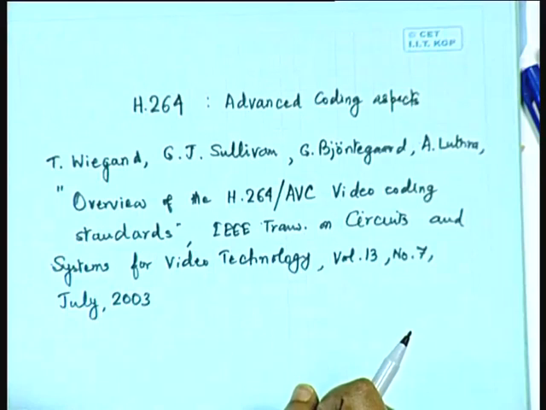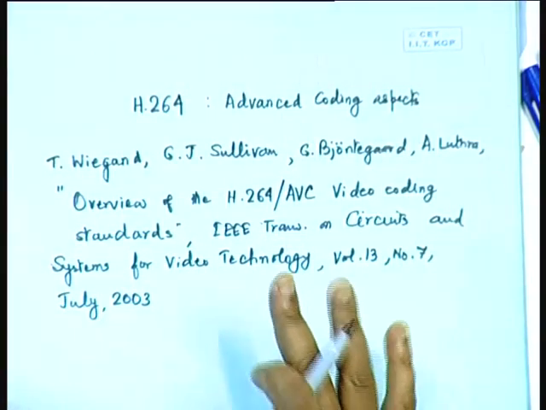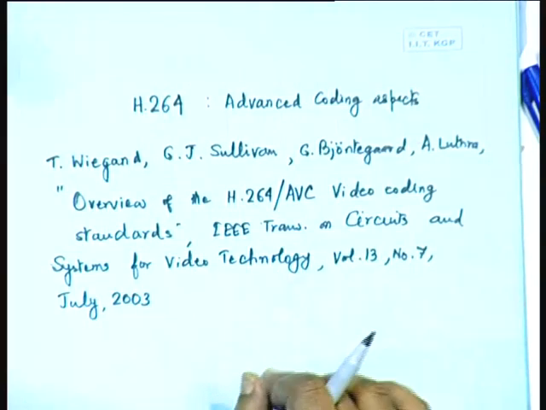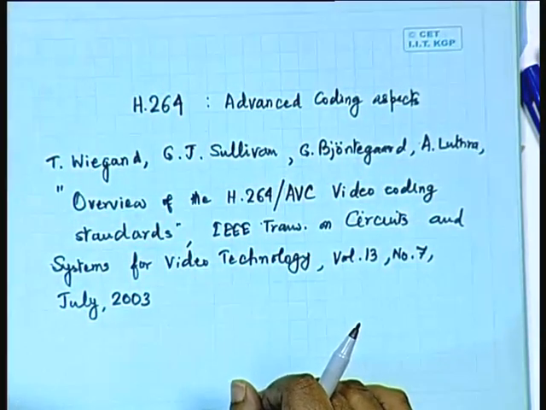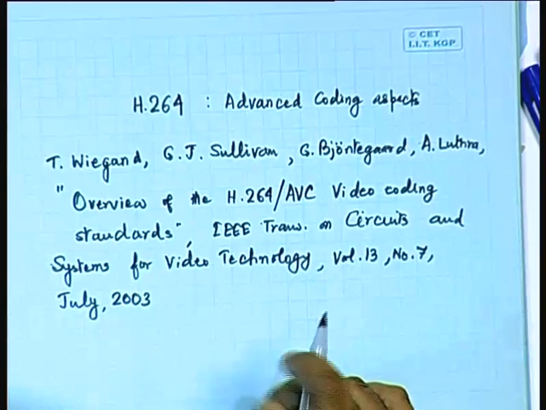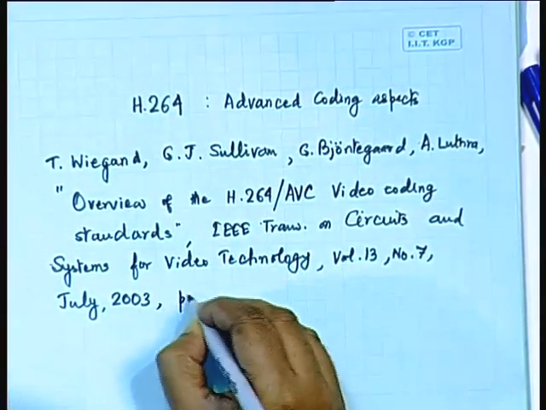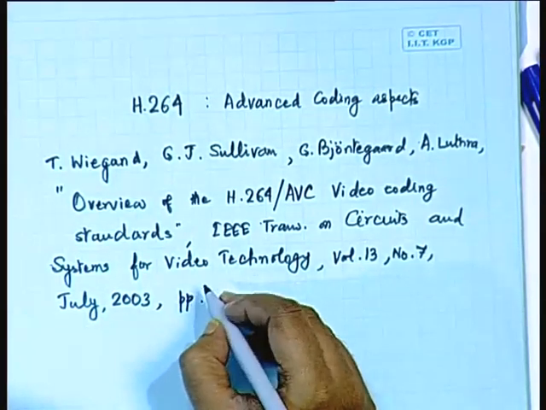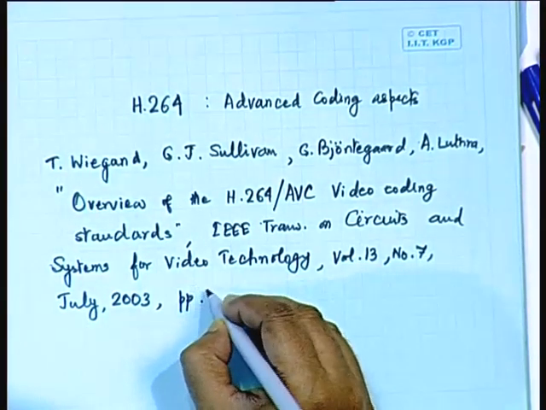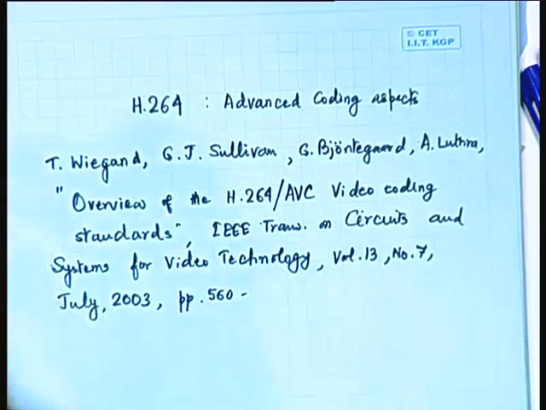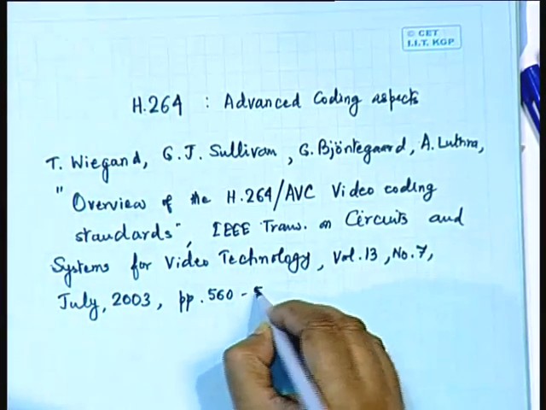So, those who are interested in knowing various aspects of H.264 are very strongly recommended to go through this particular IEEE journal paper very thoroughly, because you will be finding a lot of useful references there. The page numbers for this paper are 560 to 576.